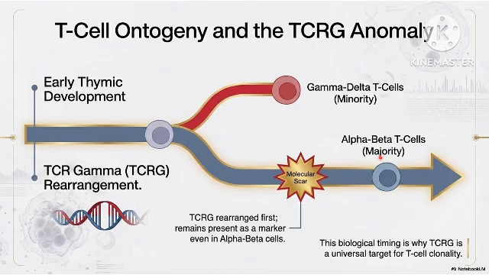If the TCR-g rearrangement is functional, then this alpha-beta rearrangement will not happen. So this TCR-g rearrangement is the permanent marker which is there on all the T cells. So this biological timing is why TCR-g acts as a universal target for T cell clonality.